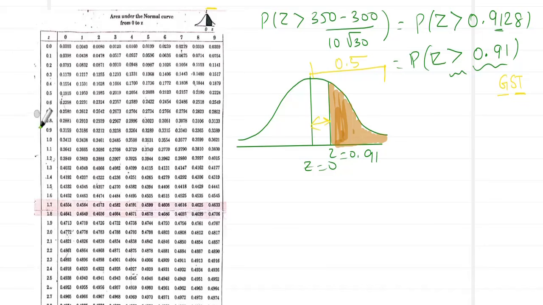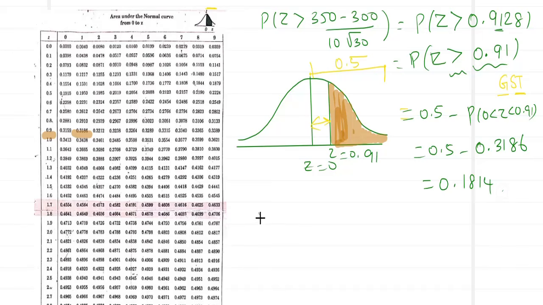So go search for 0.91: 0.9 and 0.01. So the requirement is 0.5 minus probability of 0 less than Z less than 0.91. So it is 0.5 minus the table value for 0.91, which is 0.3186.